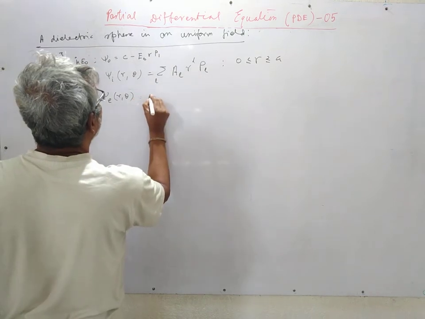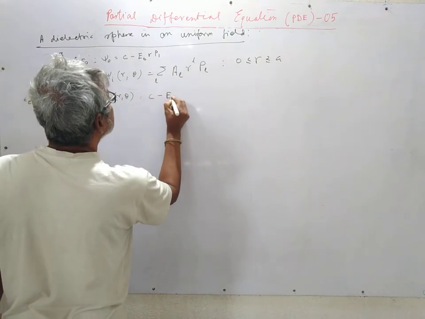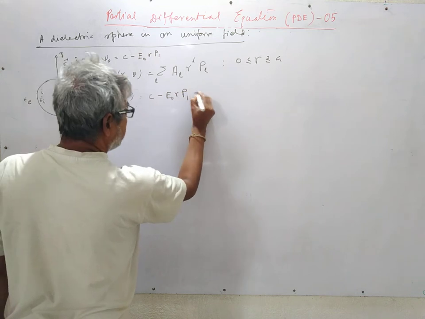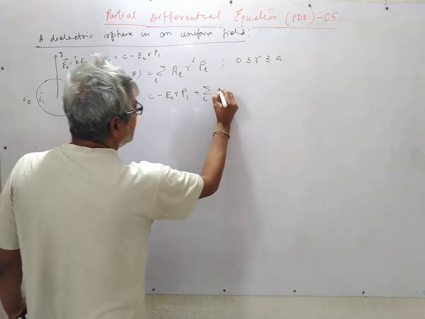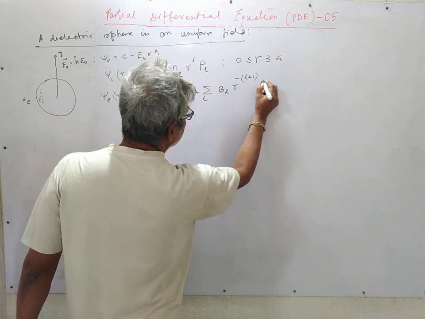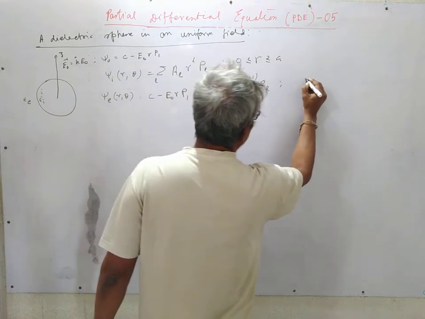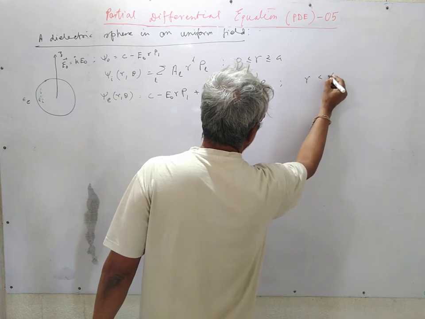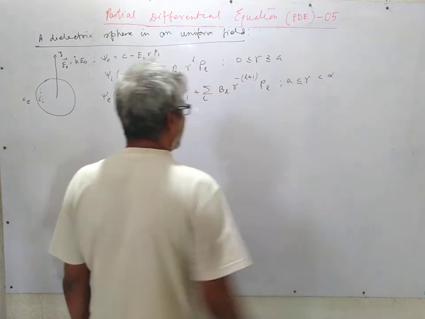So we write it as C minus E0 r P1 plus summation over L of BL r to the power minus (L plus 1) PL, with the region of interest r from a to infinity.